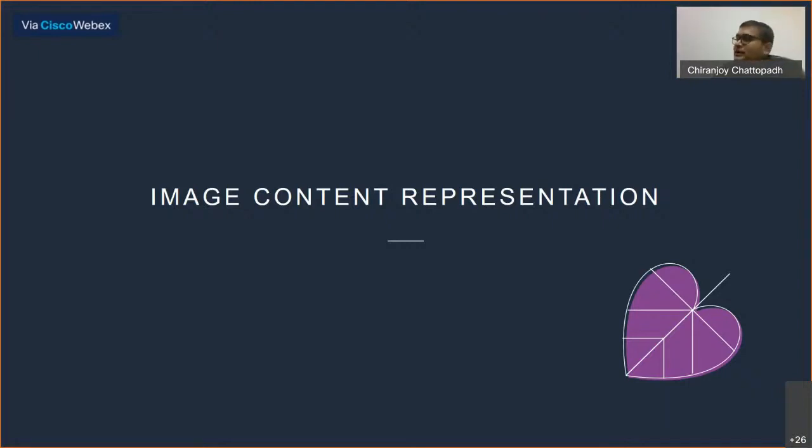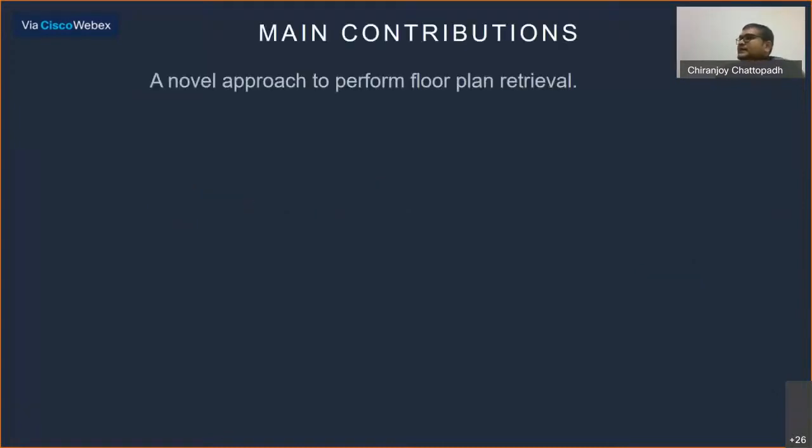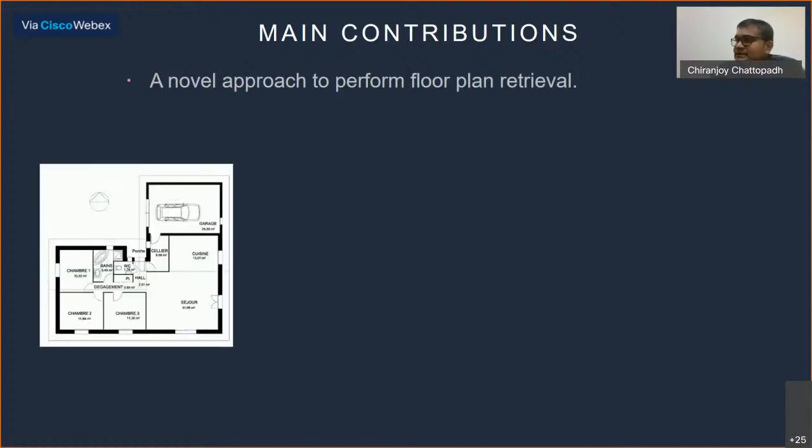Okay. So here is one such application where we were trying to understand and interpret building floor plan images. This is one such example, where this is an input floor plan image, and the application that we are working on is trying to find out, given an input image of a floor plan, how we can retrieve similar floor plans.